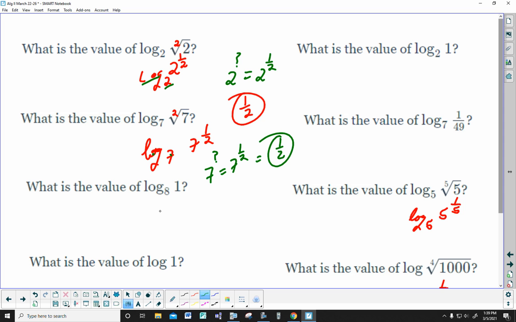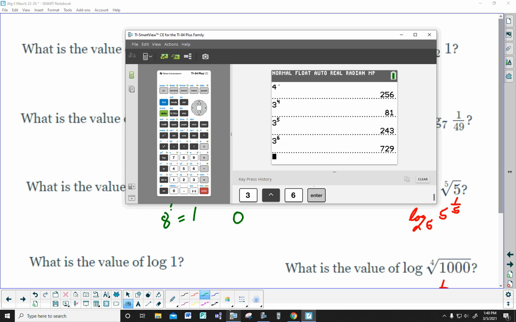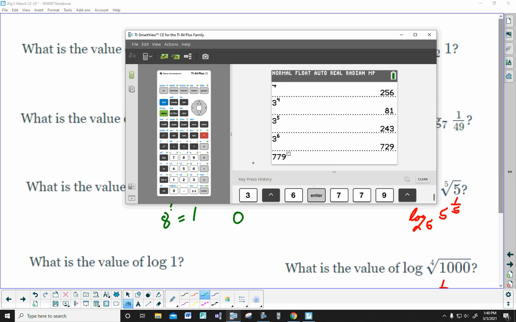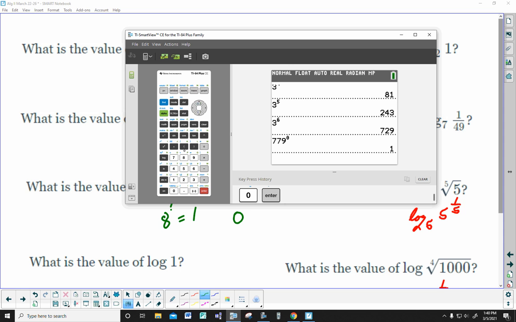Okay. 8 to what power is 1? You've got to think about that one for a little bit. 8 to what power is 1? 0. Remember, anything to the 0 power is worth 1. 89 raised to the 0 is 1.